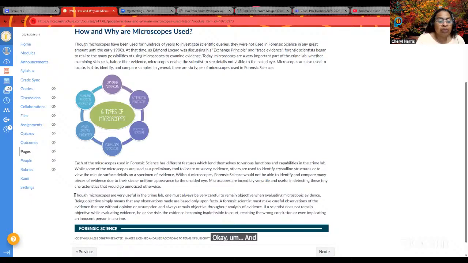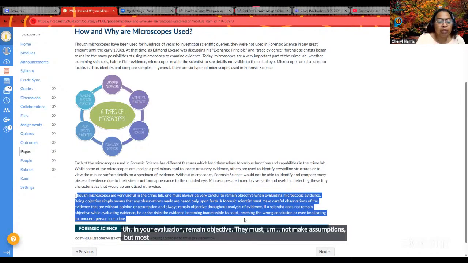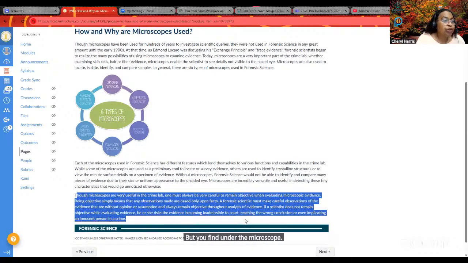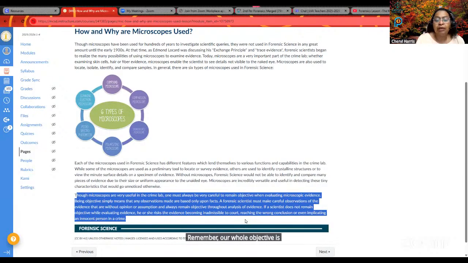And again, the part that's important is you have to be careful in your evaluation, remain objective. They must not make assumptions, but most importantly, you want to make sure that what you find under the microscope and your conclusion about what you find is accurate so that it is admissible in court. Remember, our whole objective is we are trying to have evidence to solve a crime.